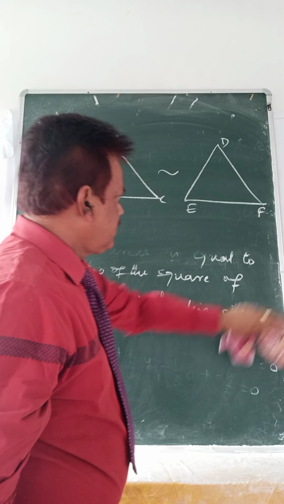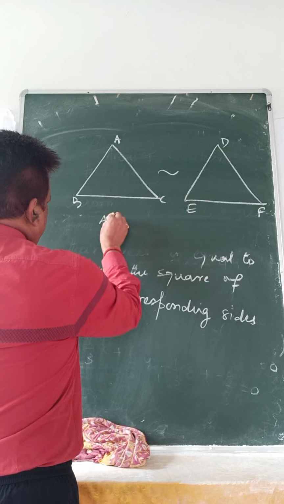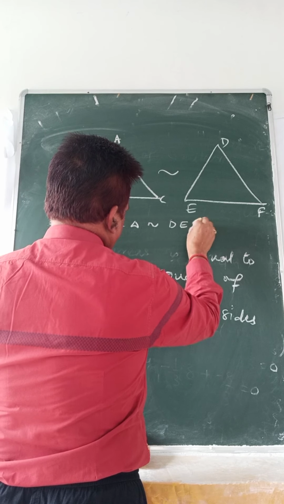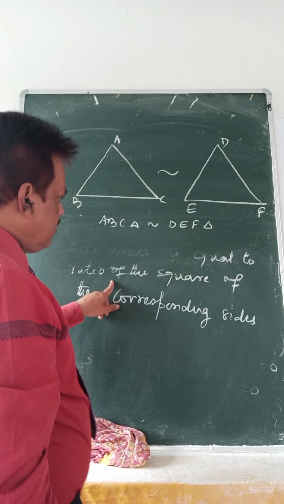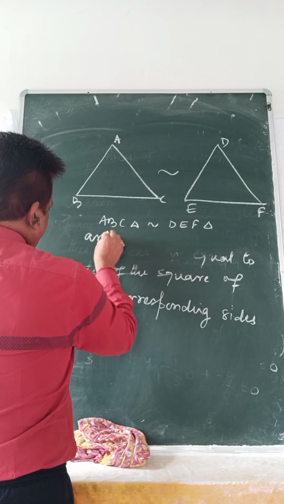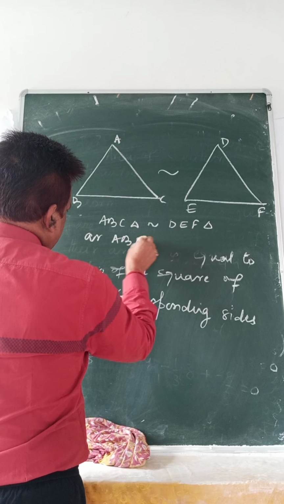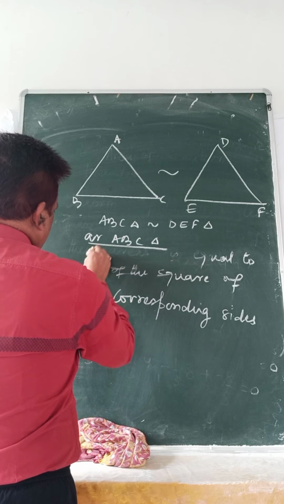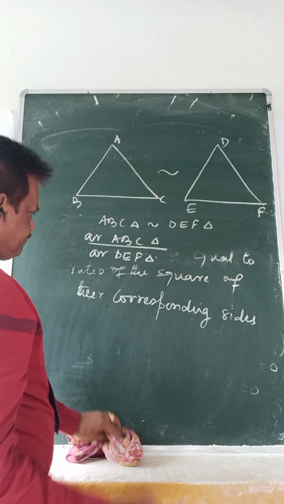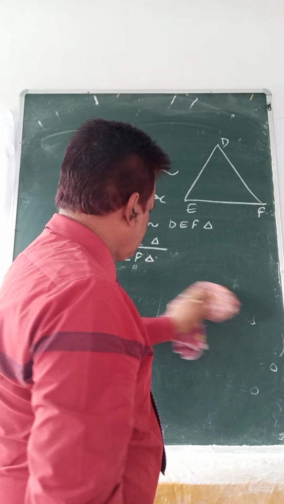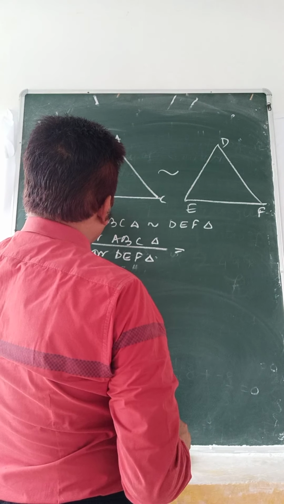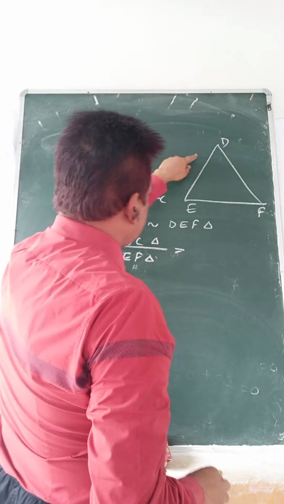So you can write ABC triangle similar to DEF triangle. The ratio of their areas, which is area of ABC triangle by area of DEF triangle, equals the ratio of the square of the corresponding sides.